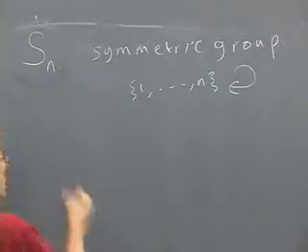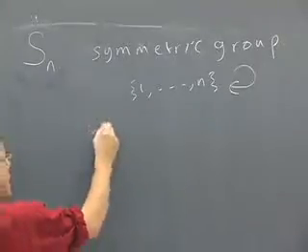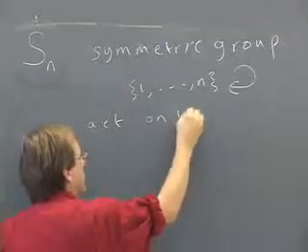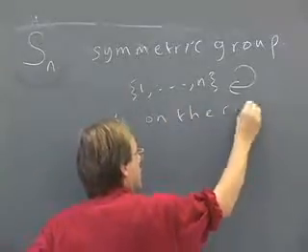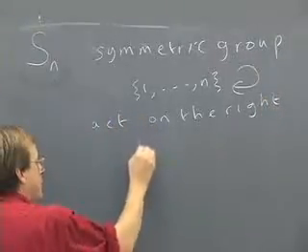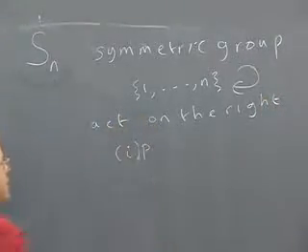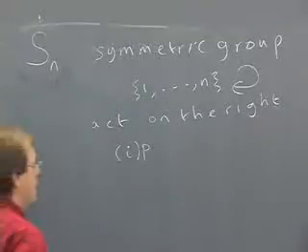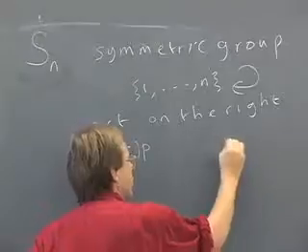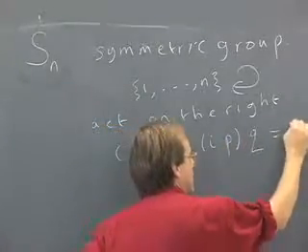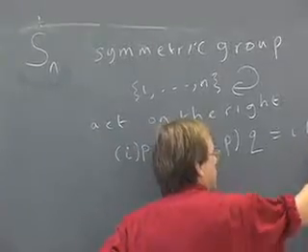So these permutations are going to act on the right, which means I'm going to write P of I, as long as I remember to do this, rather than I of P. And this has the effect that if you first act on I by P and then on Q, it's the same as acting on I by the product PQ.